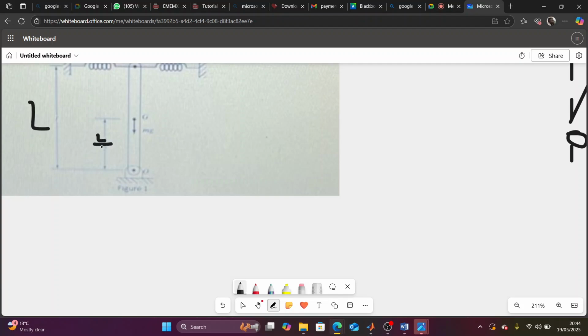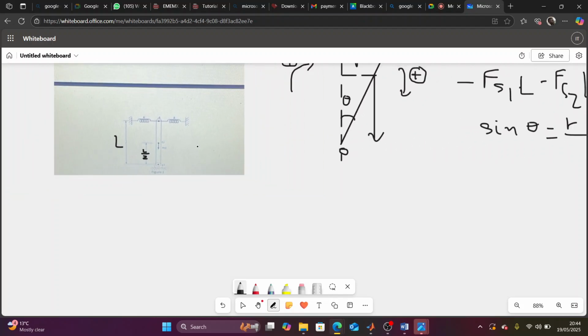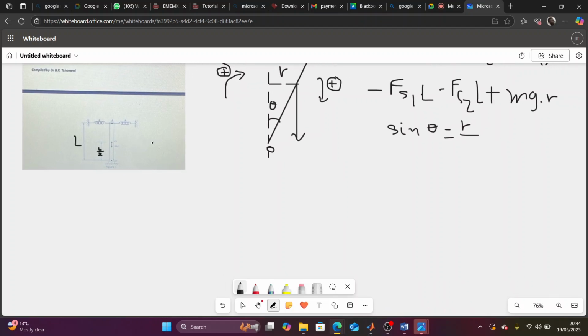So the hypotenuse is L over 2, and r will be L over 2 sine theta. For small oscillation, sine theta is equivalent to theta. So r is L over 2 theta.